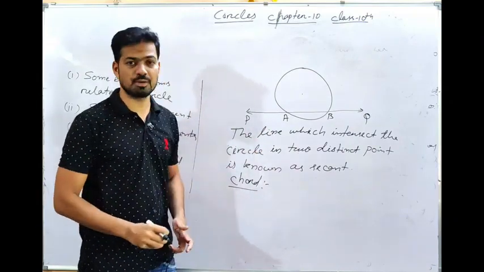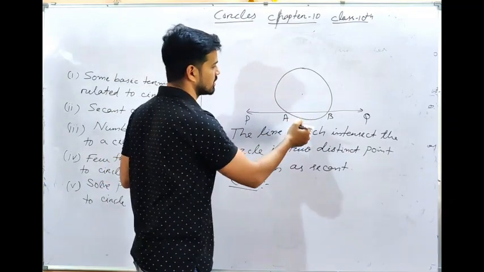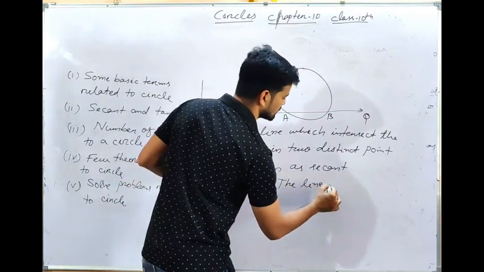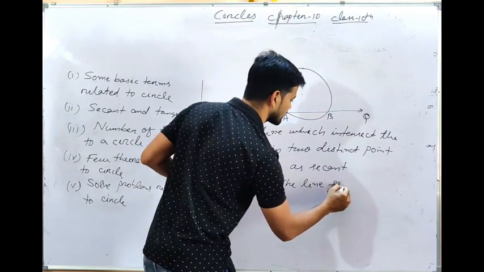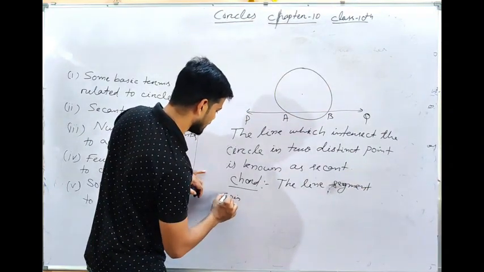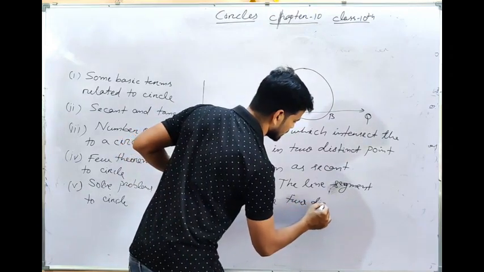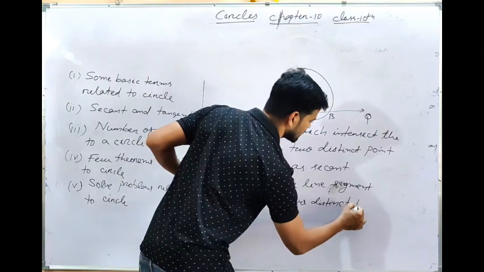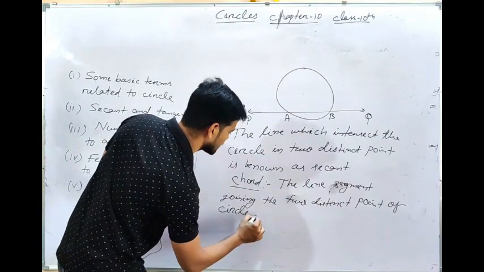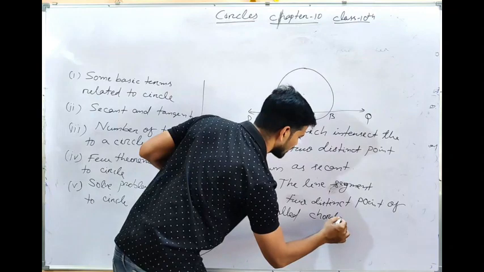The line segment, don't forget, line segment joining two distinct points of a circle is called chord.